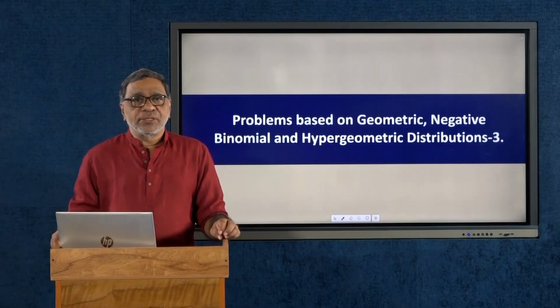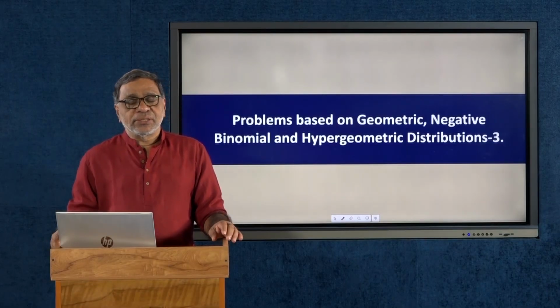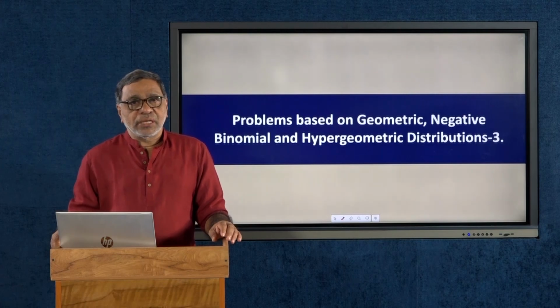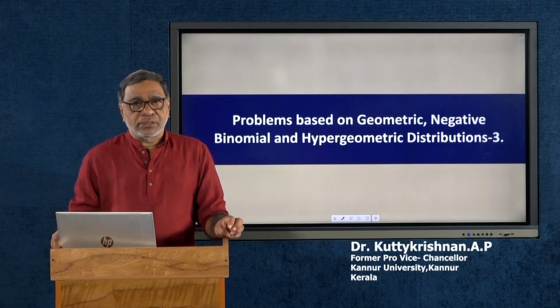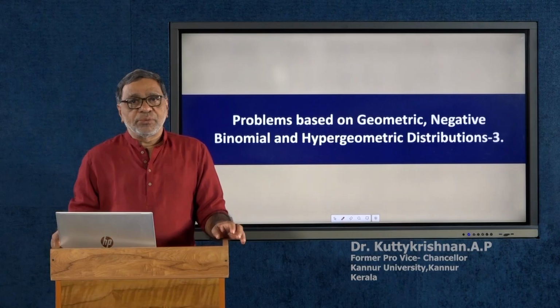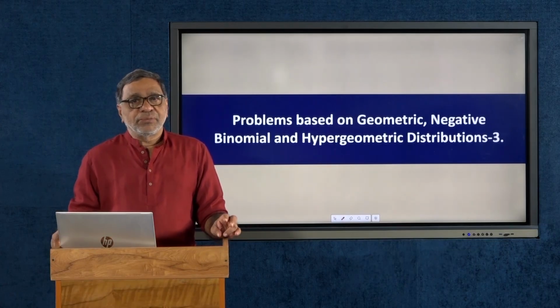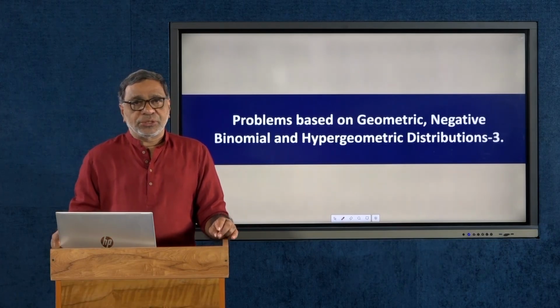In the last session, we discussed some numerical examples related to the geometric distribution. And in this session, we are going to consider some numerical problems related to the negative binomial distribution.